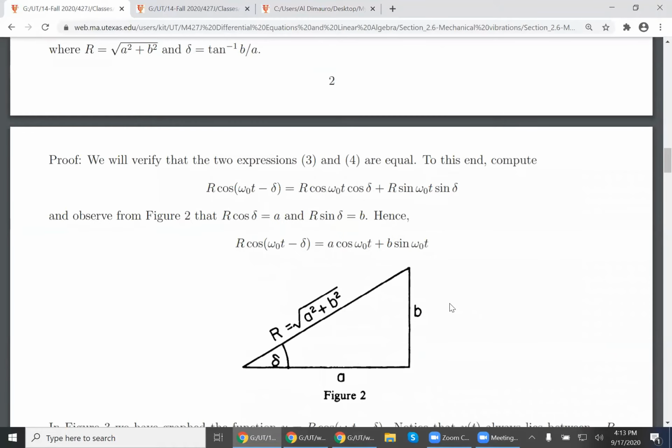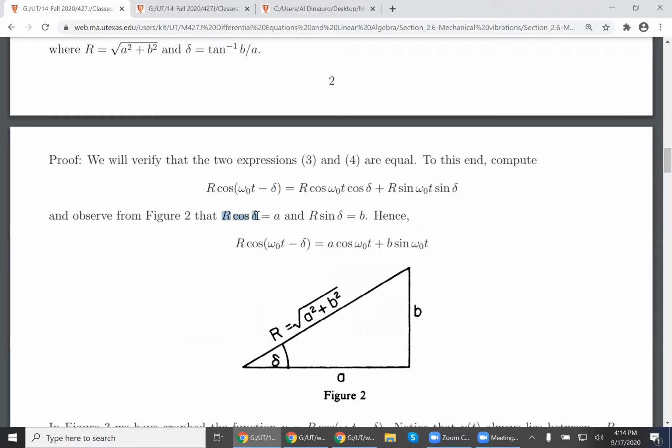Here's what we do next. Take a look at this picture. According to this picture, if this is A and this is B, by the Pythagorean theorem, this side is square root of A squared plus B squared. By definition of cosine, A divided by R is cosine of delta.